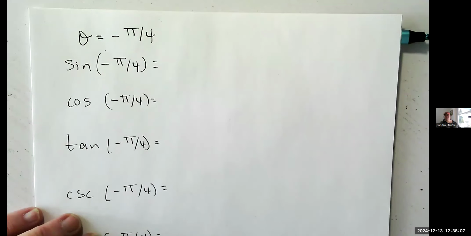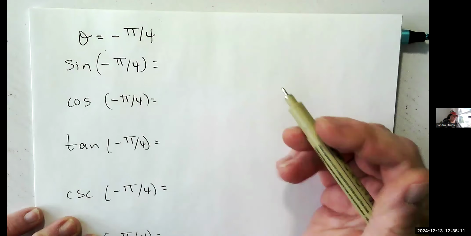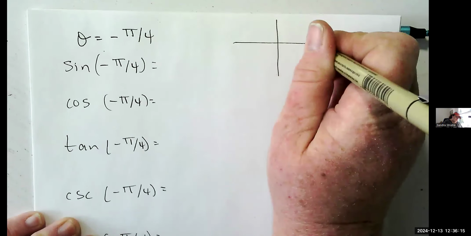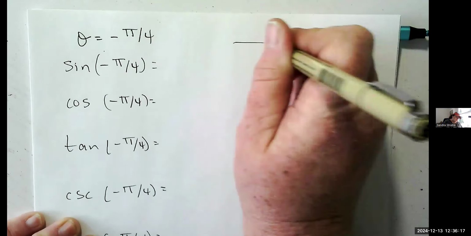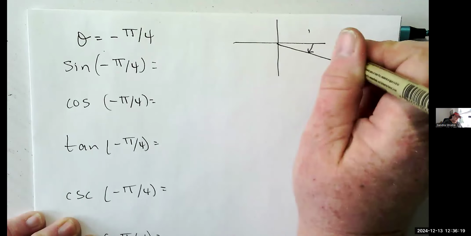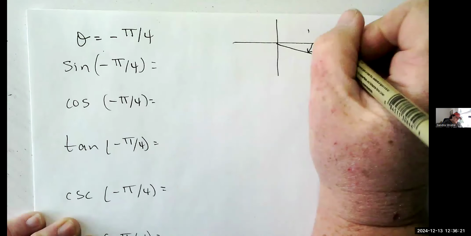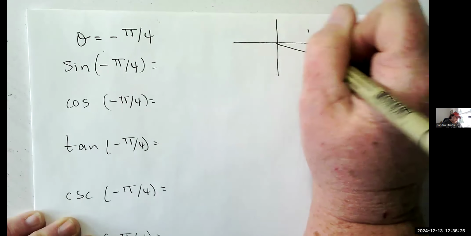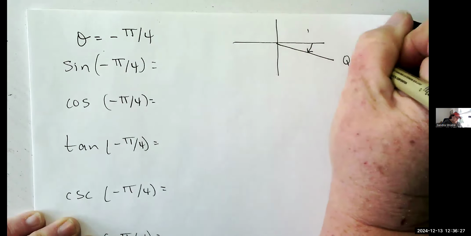Now you can use reference angles to do this, but remember, if you've got a negative, you're going in this direction and you're going negative pi over 4, you might want to use reference angles to help you make better sense of this, because we're going to end up in quadrant 4. Right?